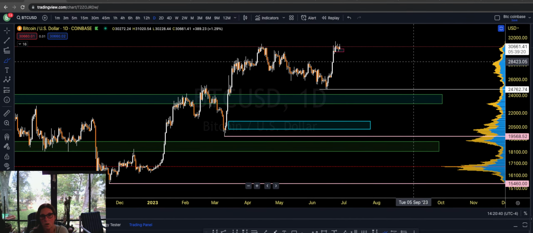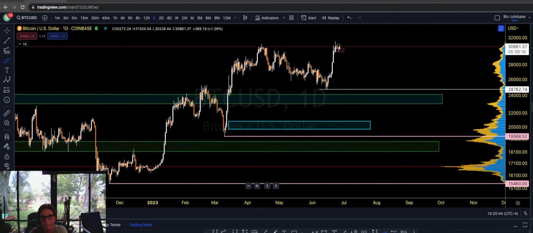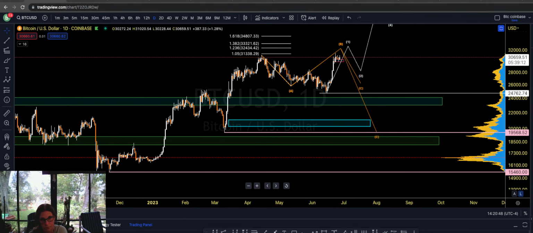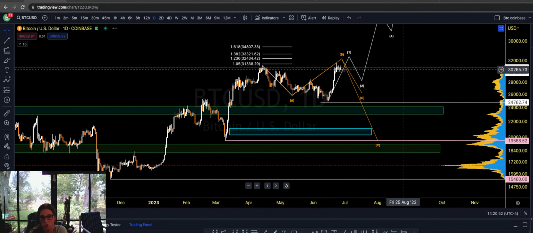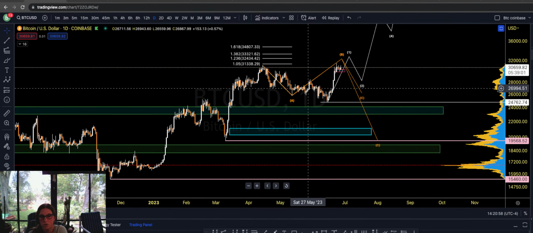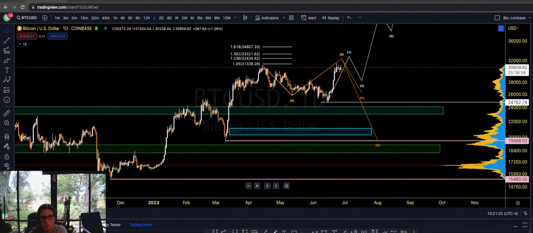All right, so let's talk about what's going on in here. All right. So Bitcoin is trying to make a connector. It's either done, okay, where this was... let's talk about the bullish option first.